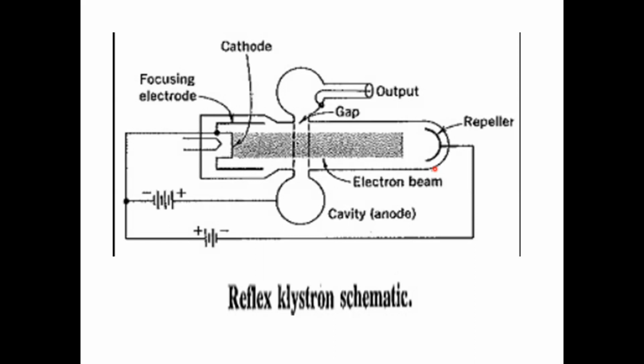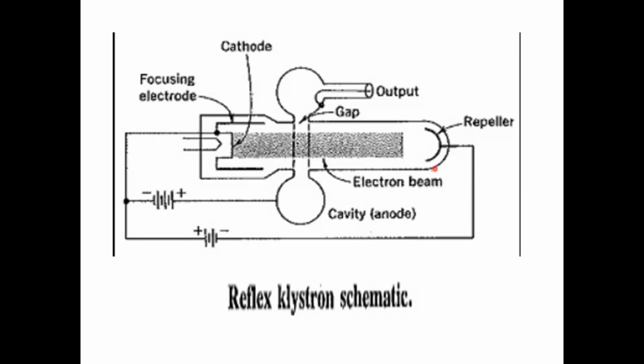So bunches occur only once per cycle and are centered around the reference electron. And these bunches have maximum energy to give to the gap to provide the sustained oscillations. Clear?